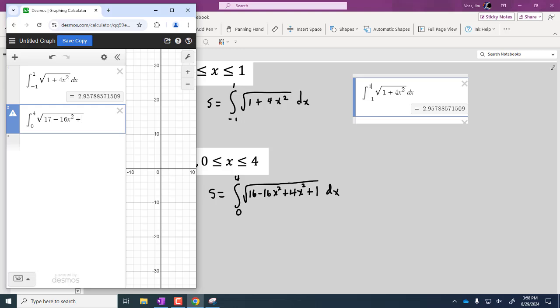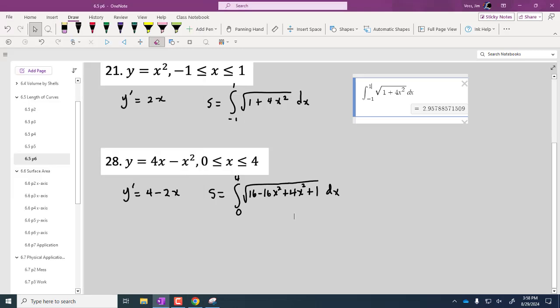Did I square something wrong there? What did I do there? Did you all get 4 minus 2x as your derivative? And then when we square it out, we get 16 minus 8, what did I do? Minus 16x.